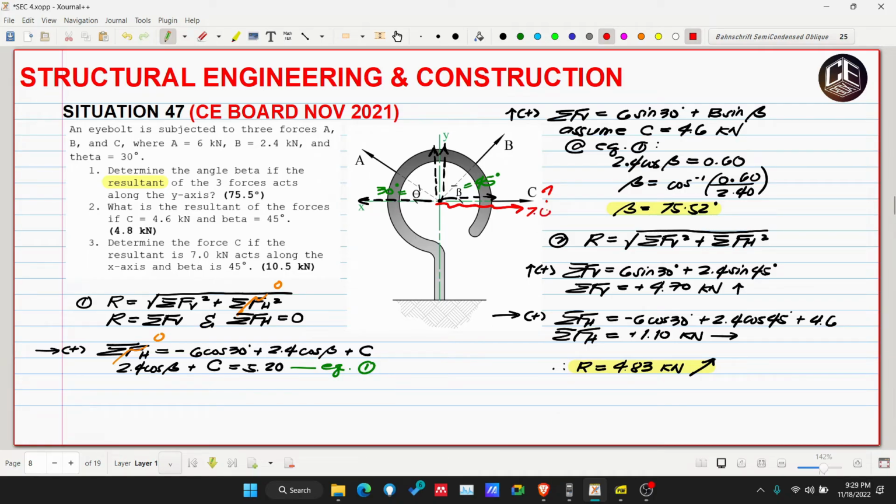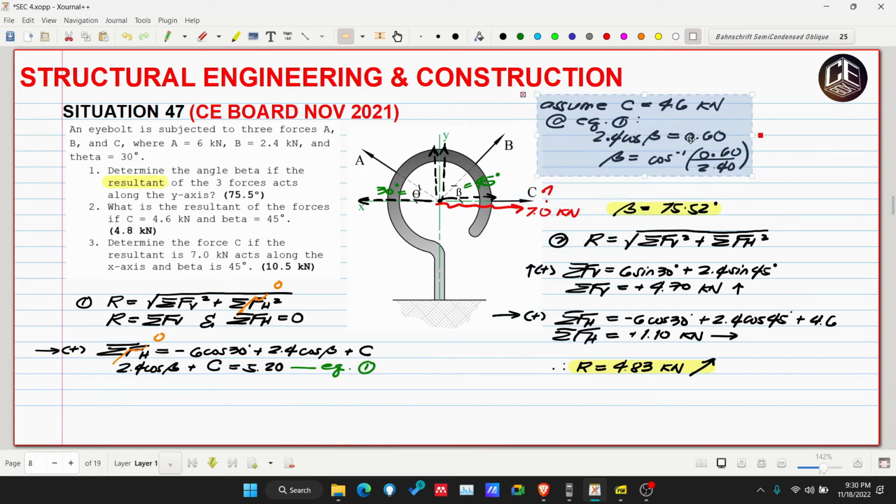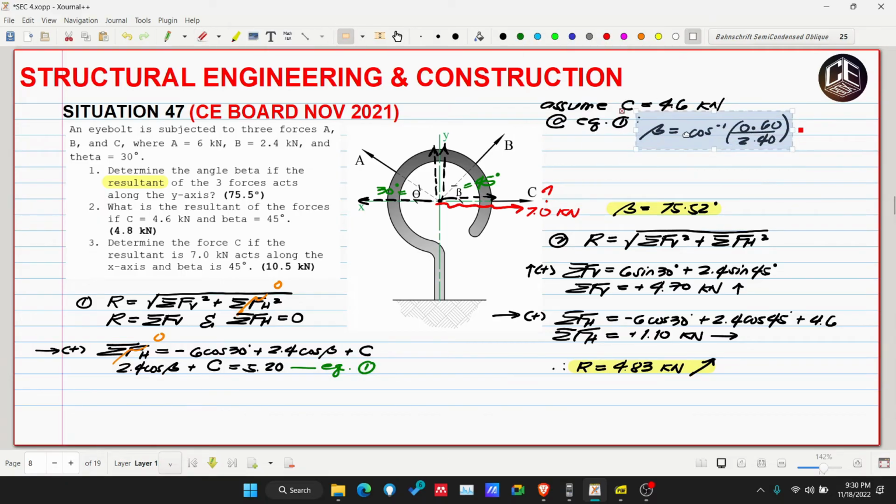So, to the right, 7.0 kilonewton, or along the positive x-axis. Let's erase this since it isn't included. Anyway, the calculator already showed it.